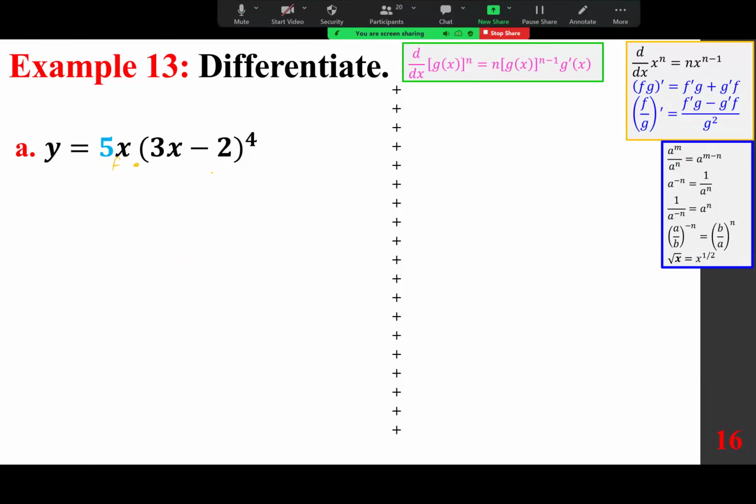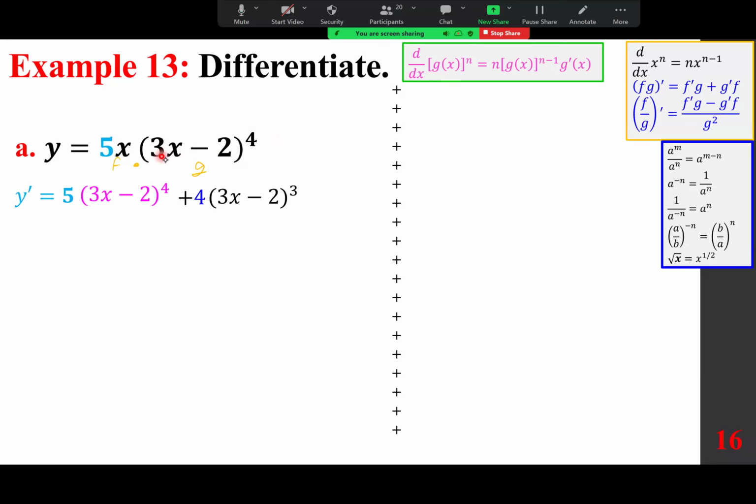this is f, this is g. So we have f prime, which is 5 times g, which is 3x minus 2 to the power 4, plus g prime. Use the extended power rule, 4 times 3x minus 2 cubed, we're taking off 1.